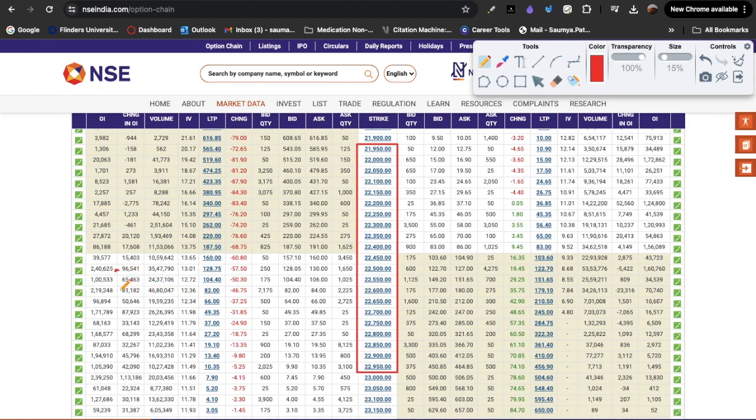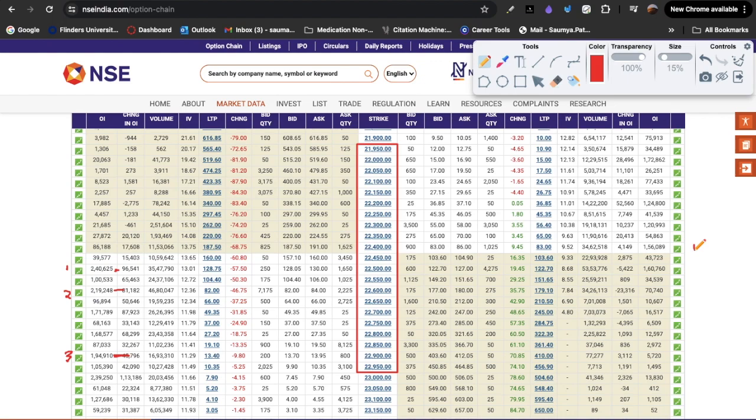We'll mark the highest open interest for 10 strikes out of the money call options and 10 strikes out of the money put options. We'll look for the top 3 highest ones. On the call side, we can see the first one is 22,500, which has an open interest of 2.4 lakhs.